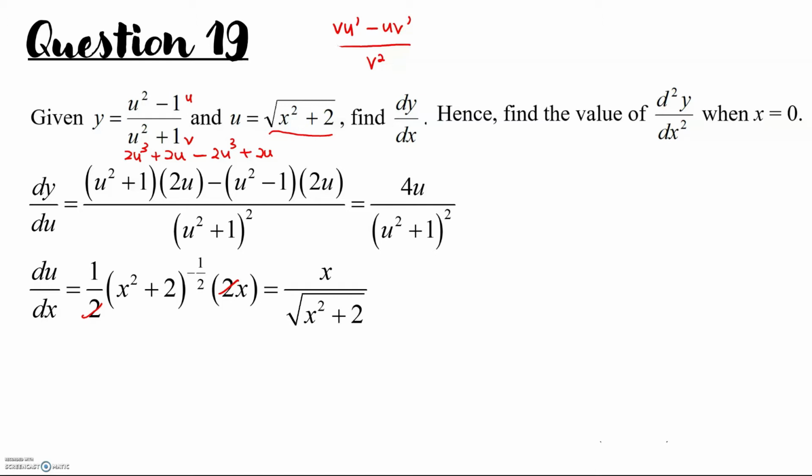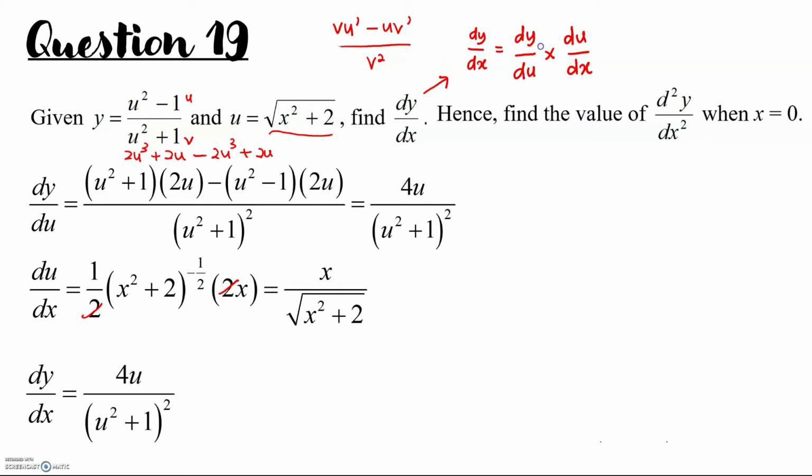So to find out our dy over dx, we need to use the chain rule. So here, dy over dx equal to dy over du times du over dx. We got 4u over (u squared plus 1) squared times x over the cube root of (x squared plus 2).